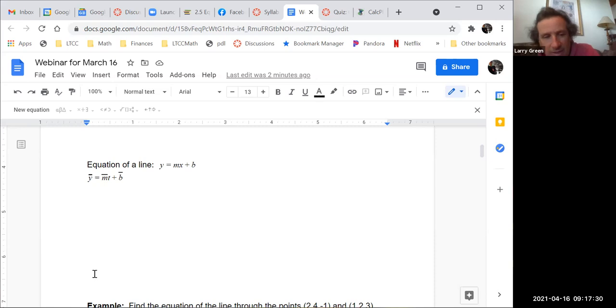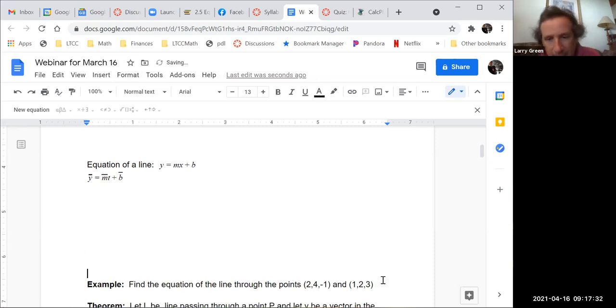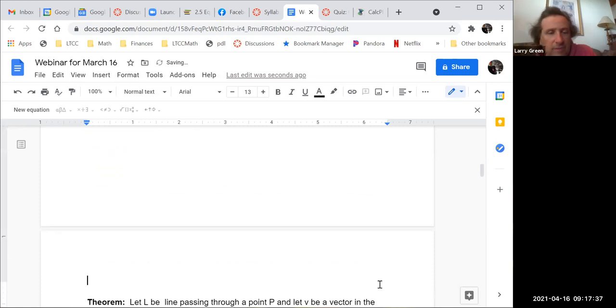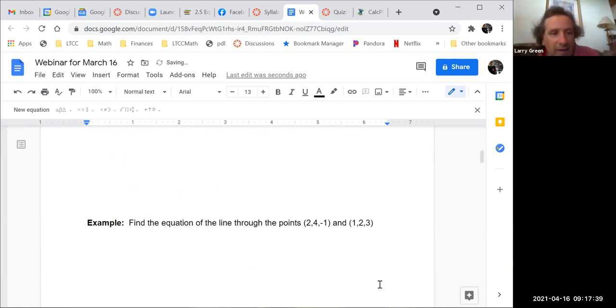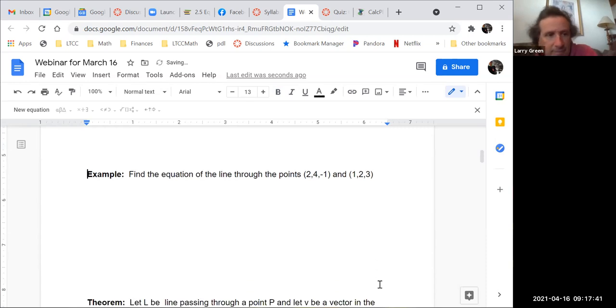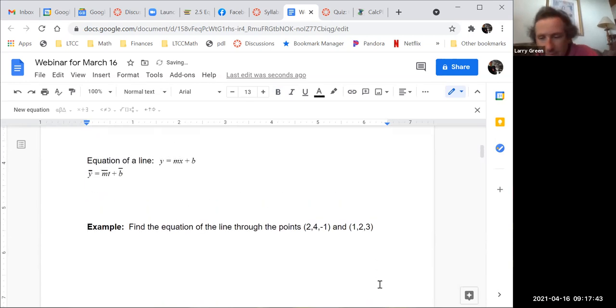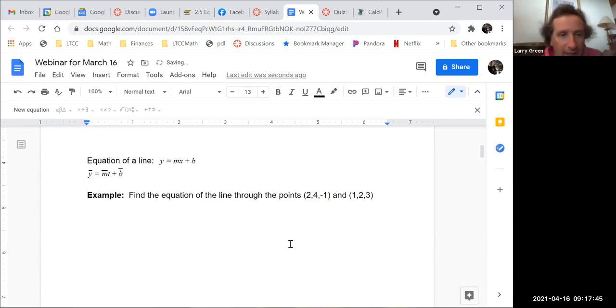So let me do an example. An example, I think you'll agree, is not hard. Find the equation of the line through the points (2, 4, -1) and (1, 2, 3).